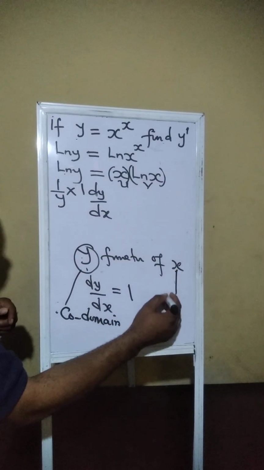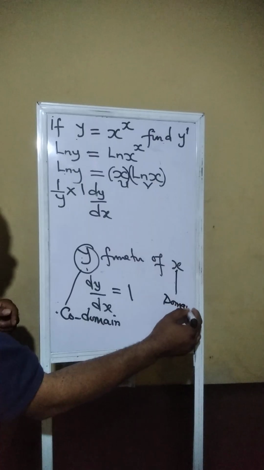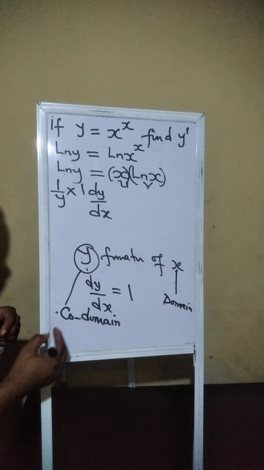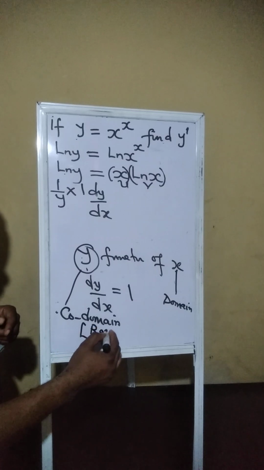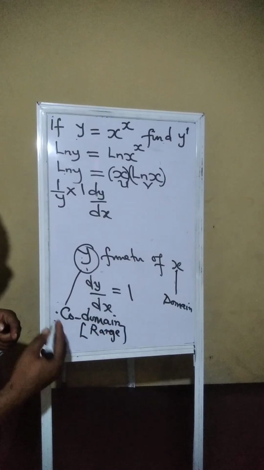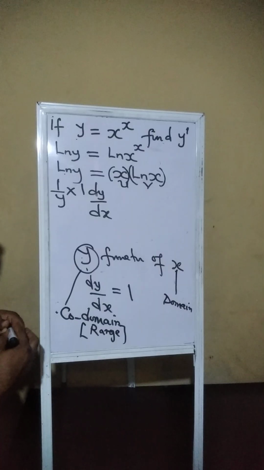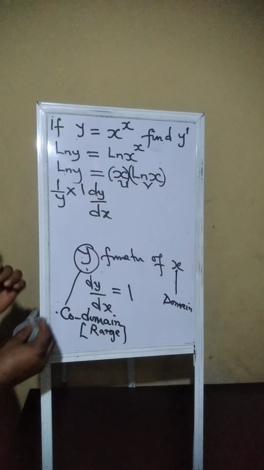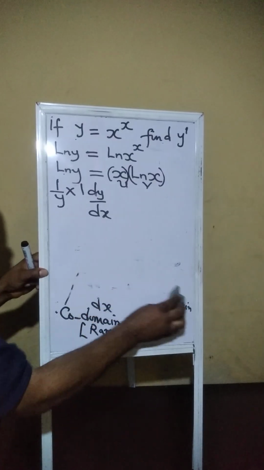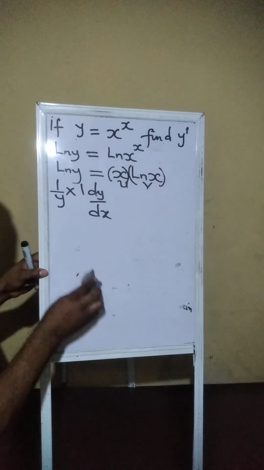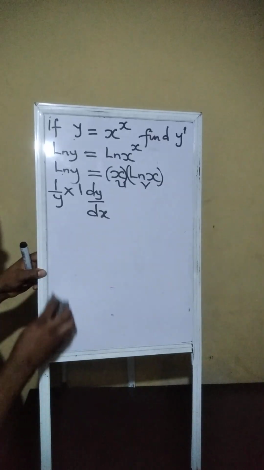And x is called the domain. So invariably, I can still consider y as the range, which I will still explain. So this is the reason whenever you differentiate y, remember to put dy all over dx. And that is exactly what I inputted here.